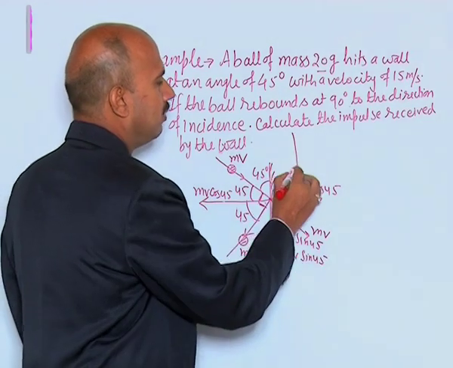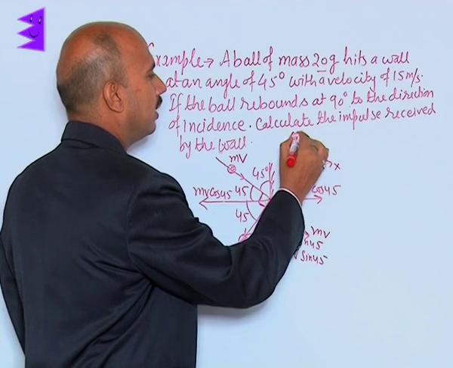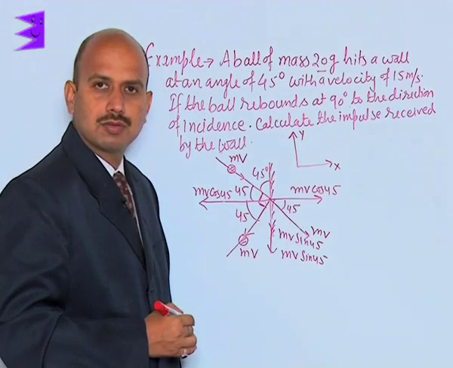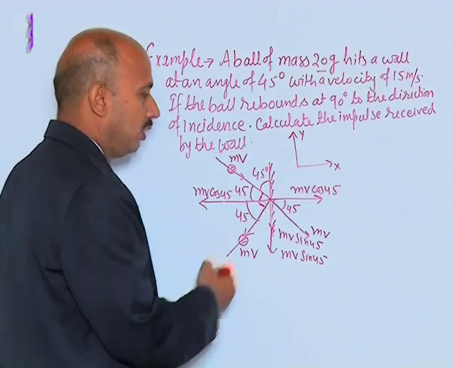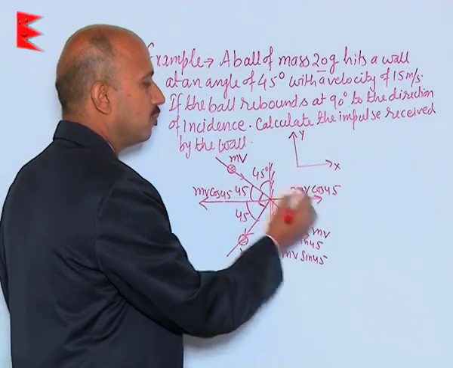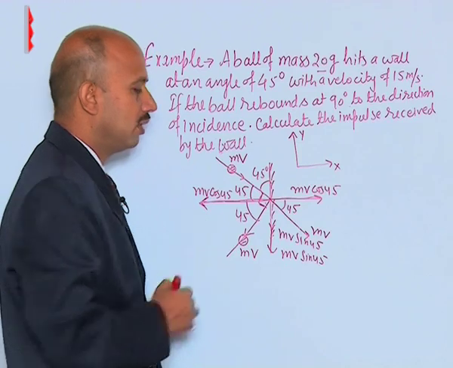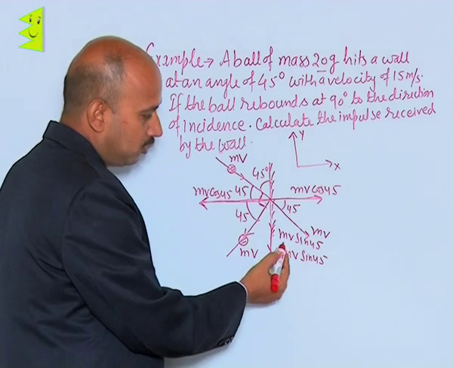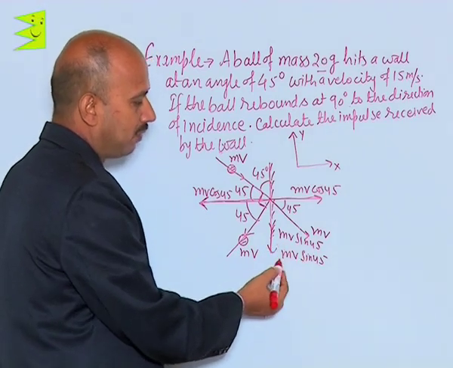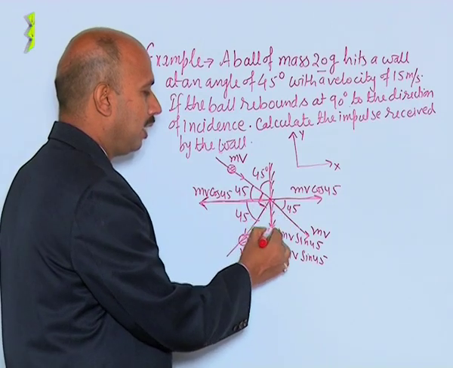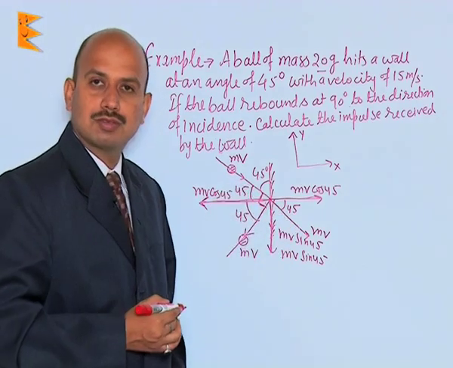We can take this as positive x axis and this as positive y axis. Now, see here, positive x axis, this much is linear momentum, negative x axis, this much is the linear momentum. These two momentums, mv sin 45 and mv sin 45, are along the negative y axis.